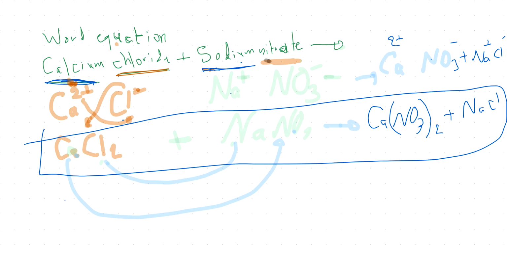So calcium chloride plus sodium nitrate would give me calcium nitrate plus sodium chloride. Okay, now I will write one, and I will ask one of you to make it. I will open a new page. Just review this for 1 minute, and then every one of you has to make an equation with me, and then we will end our lesson.